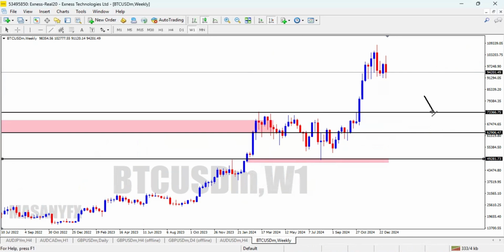So BTC USD, we're expecting it to come back here and go up again, because it seems like it's respecting SR flip and RS flip more than respecting supply and demand.